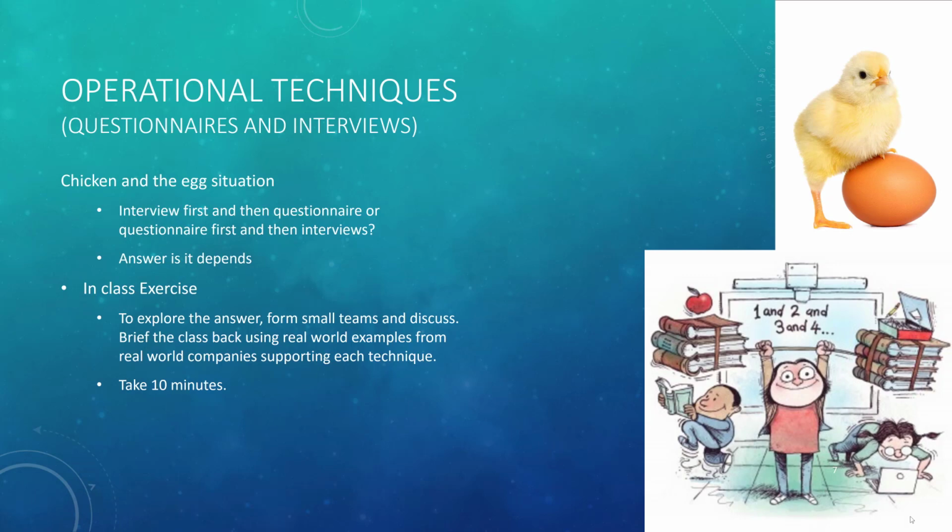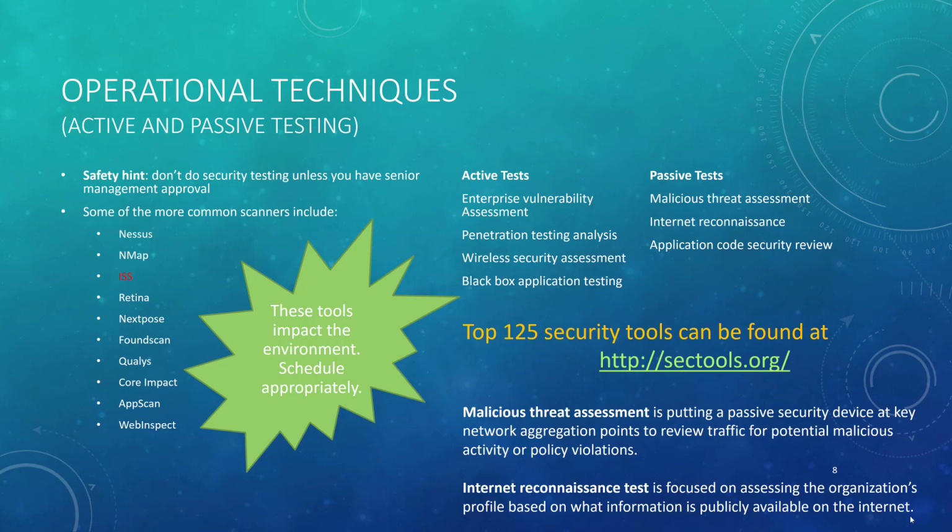All right, we've got an in-class exercise here, but this is a video, so we're going to skip that in-class exercise and move on to talk about some operational techniques in the form of active and passive testing. So we've talked about interviews, we've talked about questionnaires. Now we're going to talk about actually going out and using some of these tools.